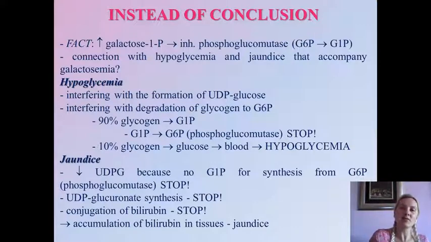If we don't have UDP-glucose, as you saw a couple of seconds ago, we cannot synthesize UDP-glucuronate. If we don't have UDP-glucuronate in sufficient amounts, you cannot conjugate bilirubin to bilirubin diglucuronide. And as a result of that, bilirubin is accumulated in tissues manifested by the development of jaundice.